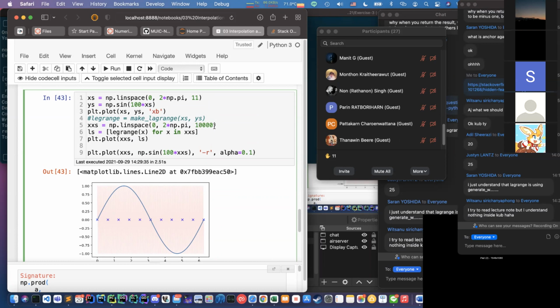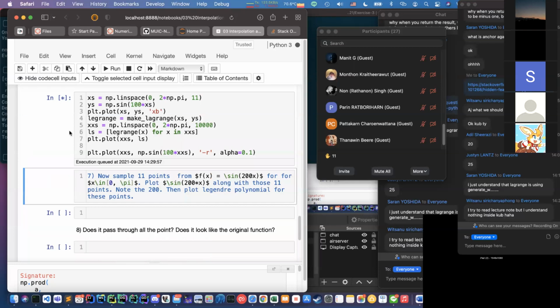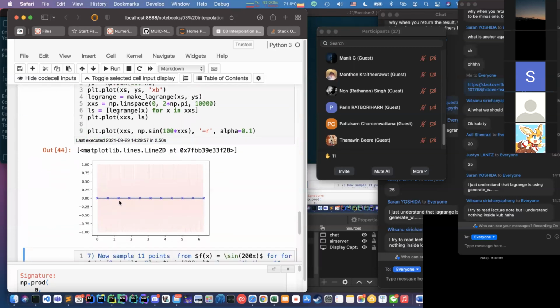Even 10,000 something is not enough. Just wait 2 seconds. Okay, you can see that the original function is the red line, and the Lagrange polynomial is the blue line. They are nothing close.